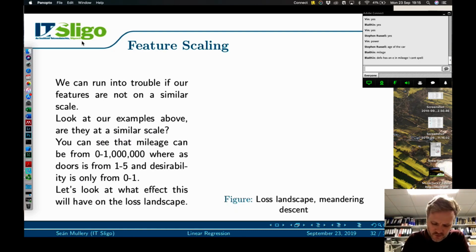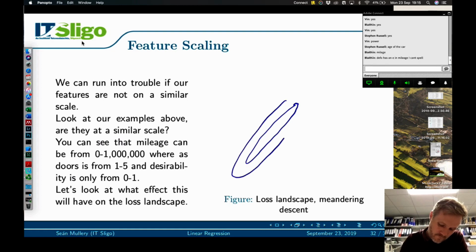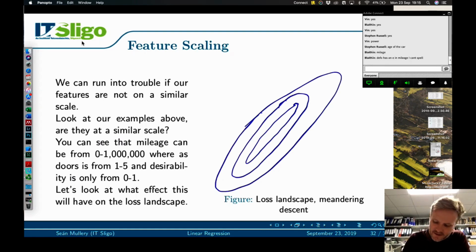So in a very extreme way, you can think of, if we only look at 2 of the features, let's look at the desirability versus the mileage. What you're basically going to have is this thing that goes like that. And in fact, even that is not extreme enough. And so what happens is that if we're trying to descend this landscape here, we're going to head down in that direction.